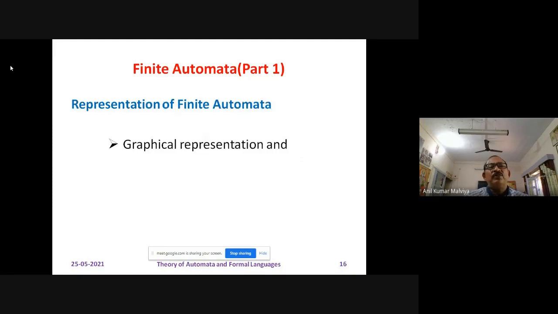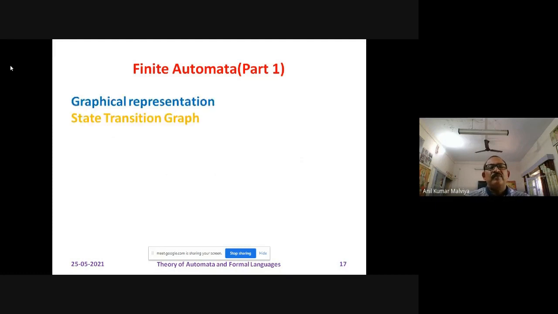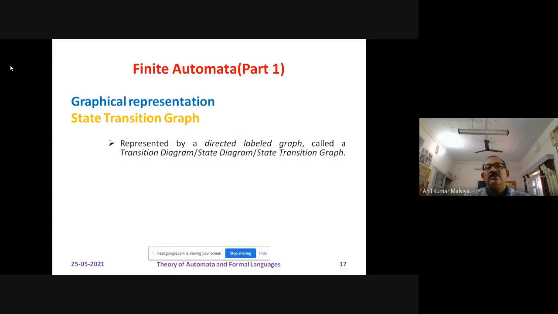There are two ways we can represent a finite automata. One is a graphical representation and next is the tabular representation. The graphical representation is called a state transition graph.